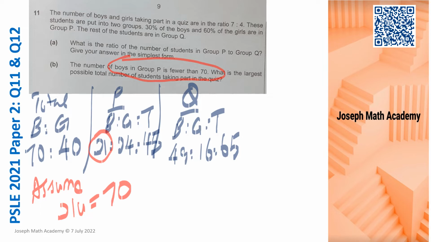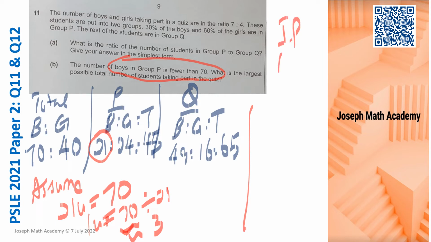If 21 units is exactly 70, 1 unit will be 70 divided by 21. That gives me 3 point something. So it's approximately 3. Now, if 1 unit is 3, all right, so the boys in group P will be 21 units.